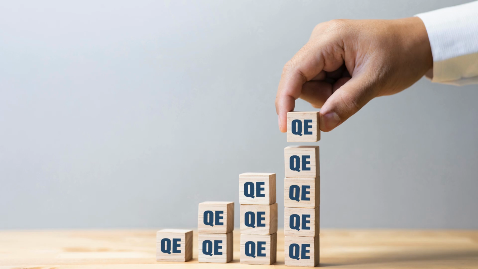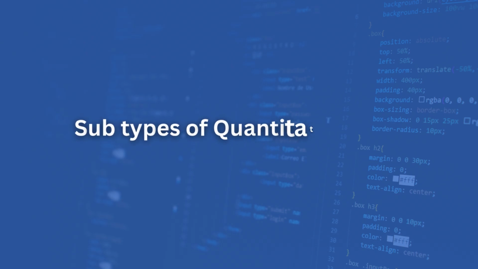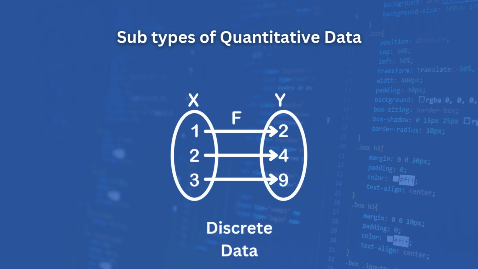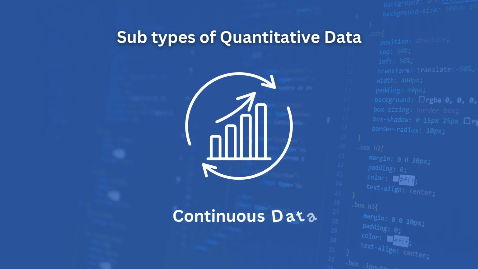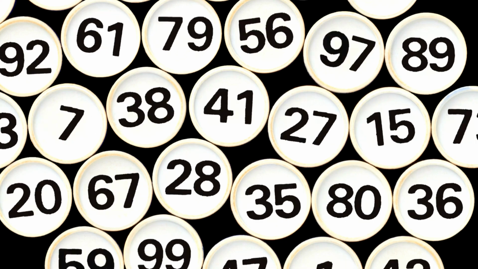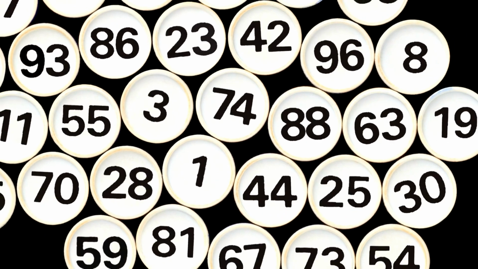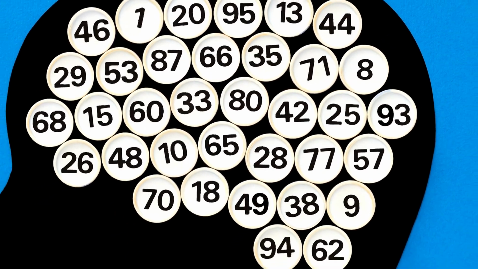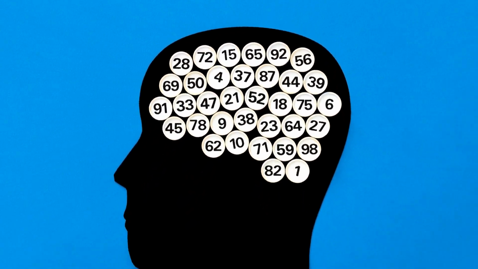Now, we come ahead to understand quantitative data more deeply with the help of its subtypes. Quantitative data can be discrete in nature or continuous in nature. Discrete data represents values that are countable and cannot be broken down further into smaller units. There are two things that I have said here.